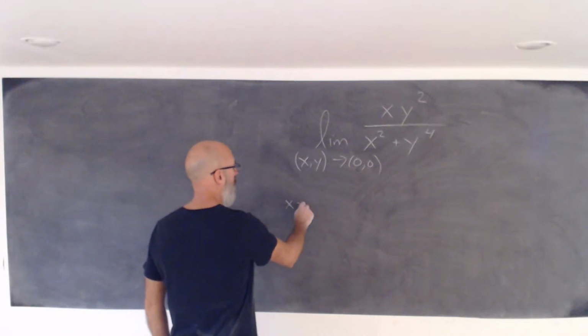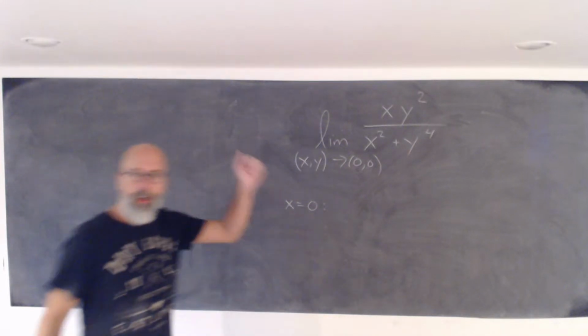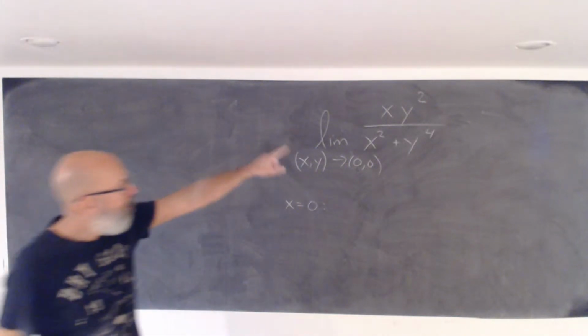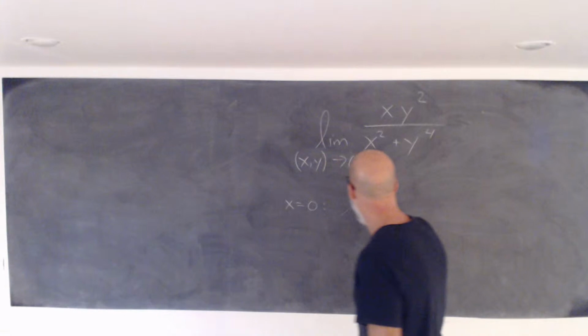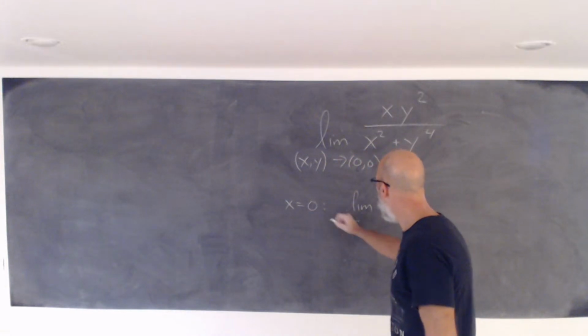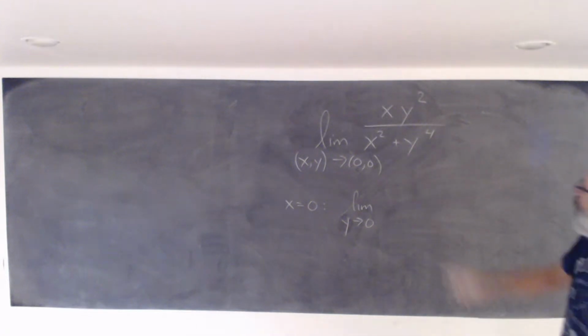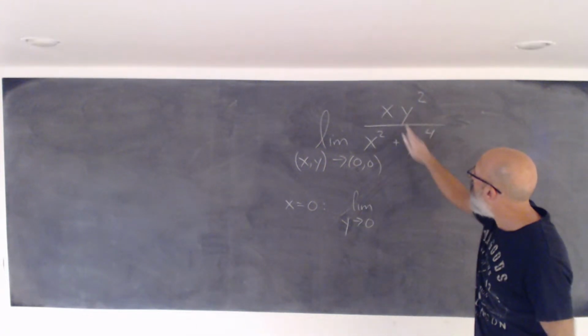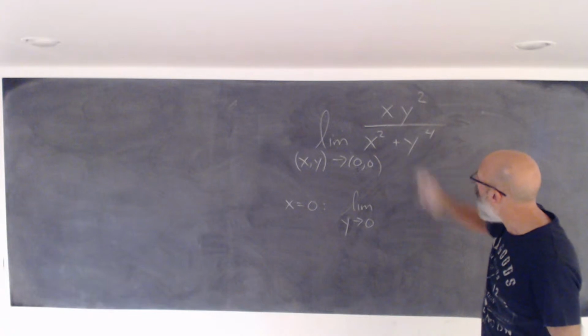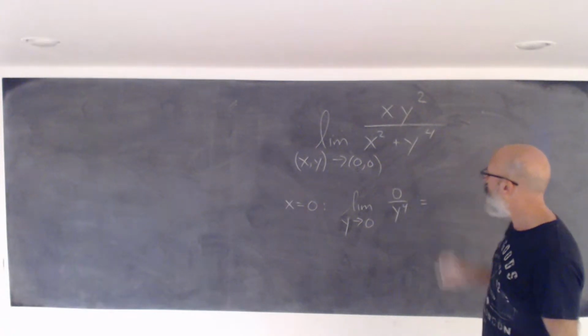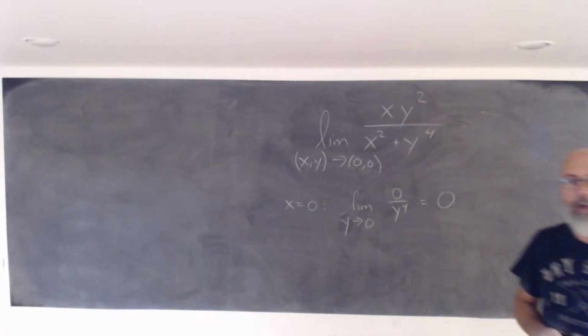If x is 0, right? If we're doing it on the y-axis, what is the function? When x is 0, the numerator is 0, the denominator is y to the 4, whose limit is, of course, 0.